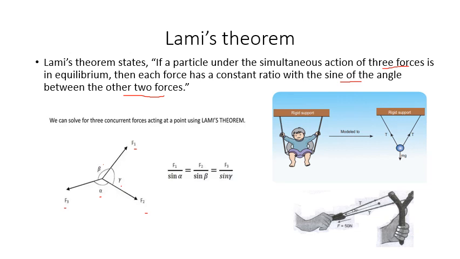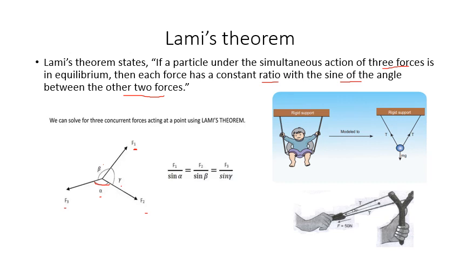So what is the formula, students? Each force has a constant ratio with the sine of the angle between the other two forces. So F1 divided by, what is the angle between the other two forces? Alpha.